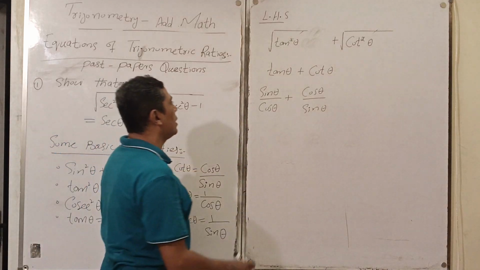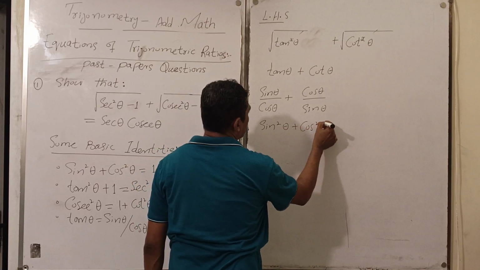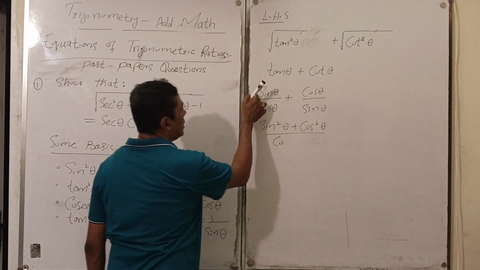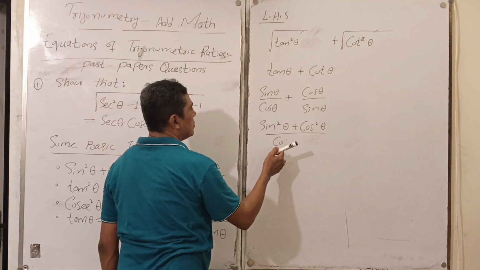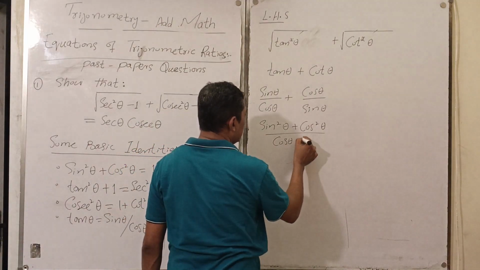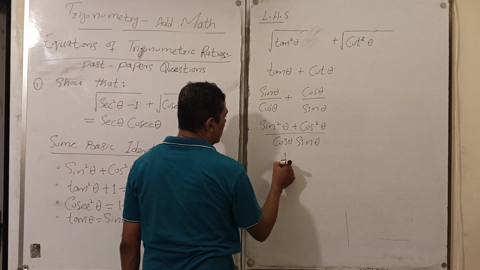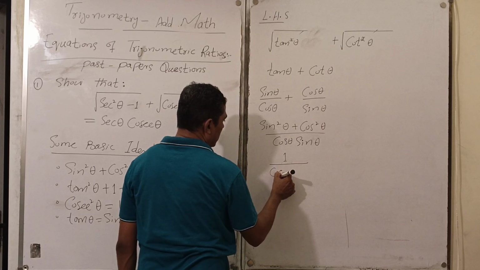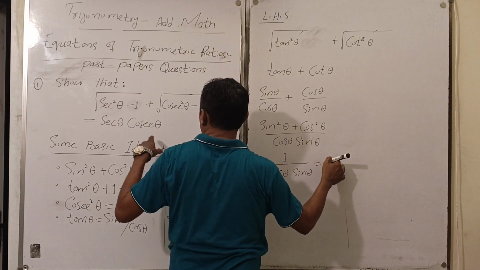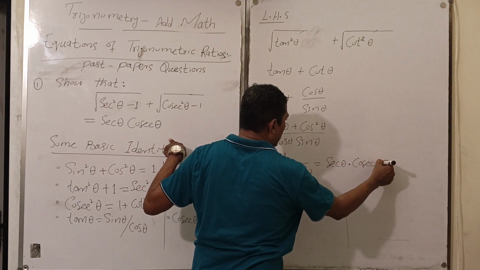Clear? Now take the LCM. In the numerator you will have sine square theta plus cos square theta, and in the denominator you will have cos theta into sin theta, after cross multiplying. So the numerator is 1, and I can write it as sec theta into cosec theta.